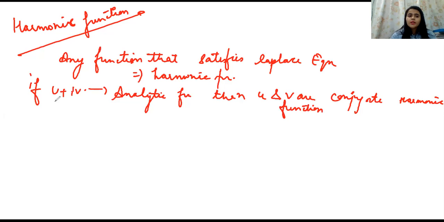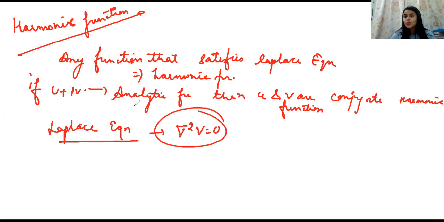But what is the Laplace equation? Go back to your EMT class: del square v equal to 0. That is your Laplace equation. Any function that satisfies the Laplace equation.